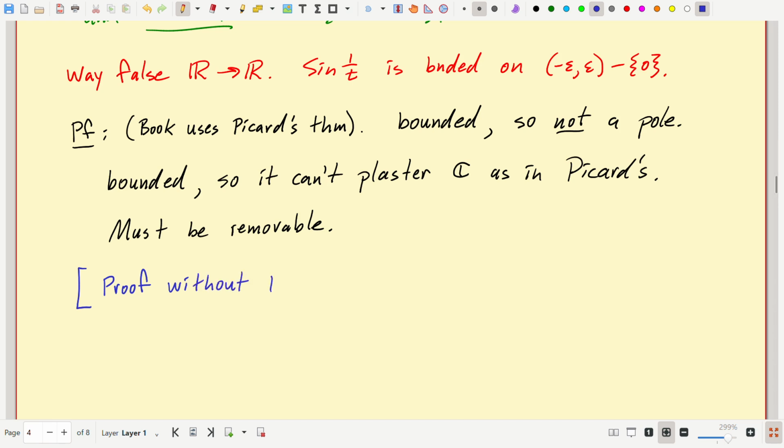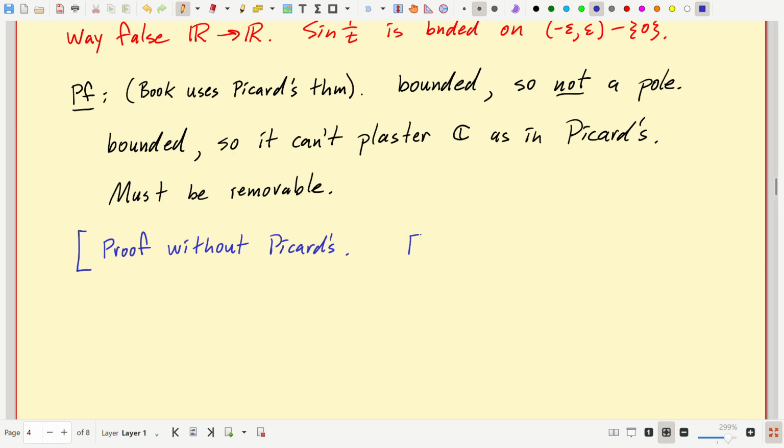Let capital F of z equal z minus z naught squared times f of z if z is unequal to z naught.